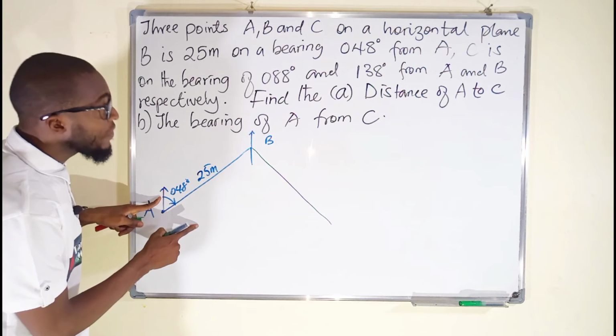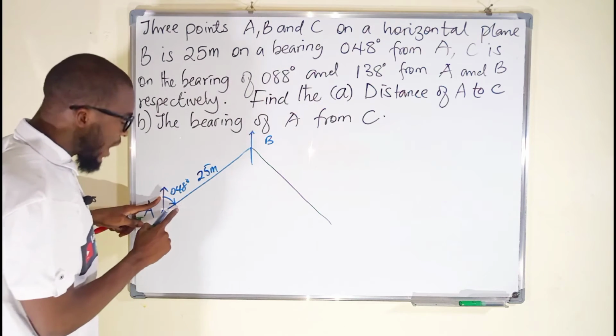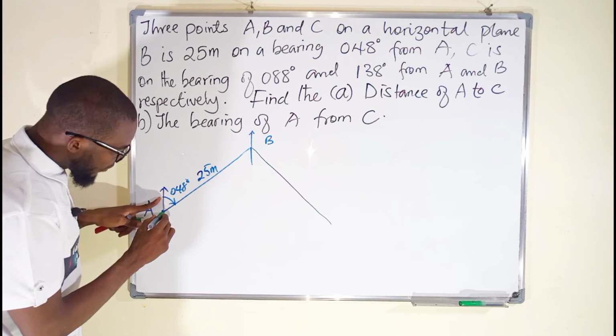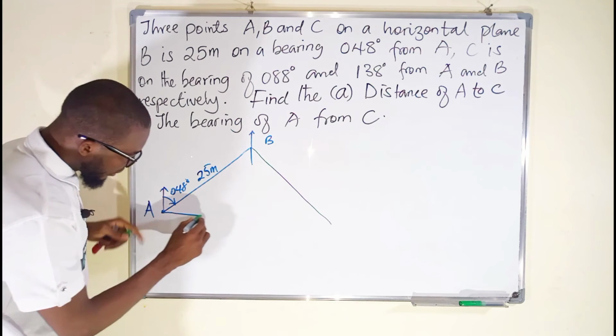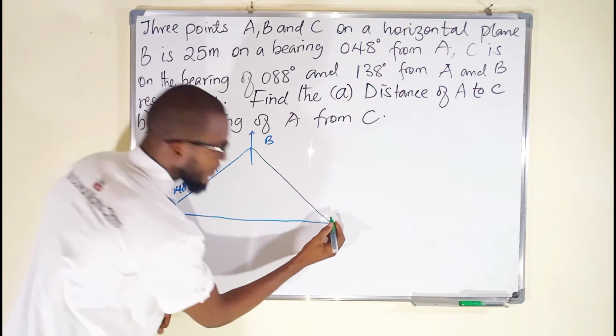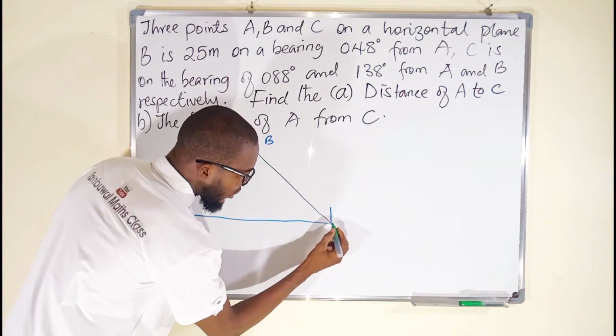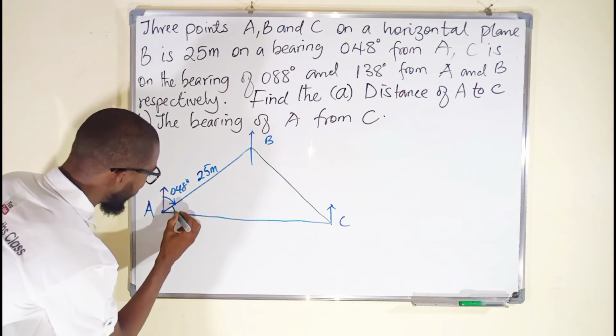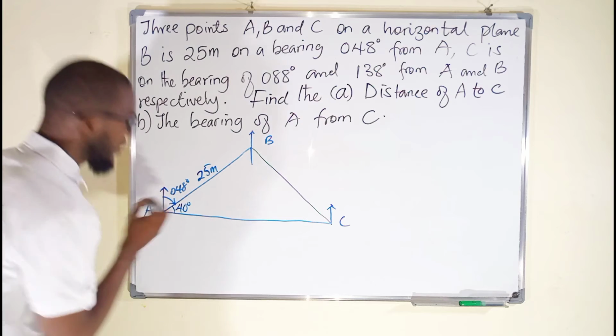We are moving to 88. Therefore, we have 40 extra left. So roughly, we have 40 here. So the point of intersection, this is where they intersect. So we can call this point C. And this is 40 degrees.